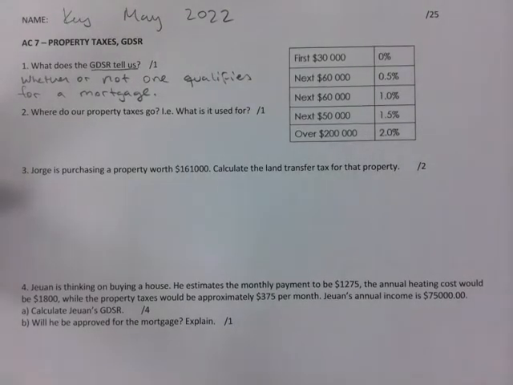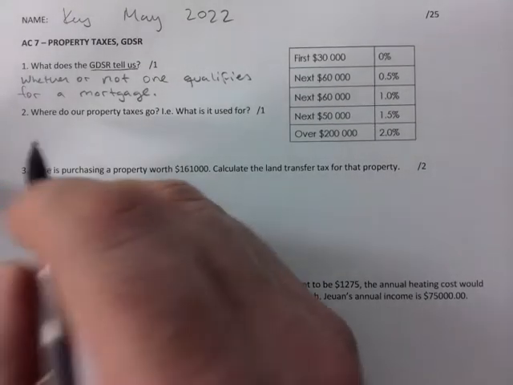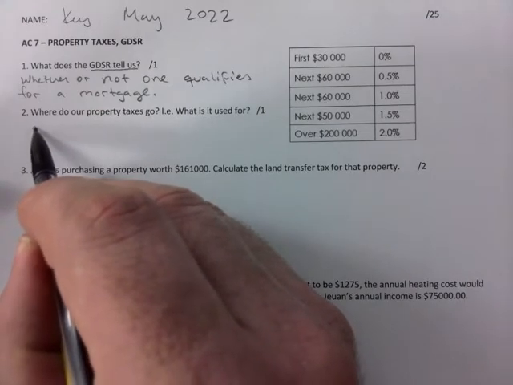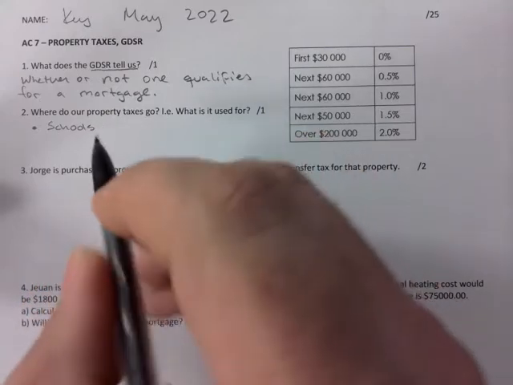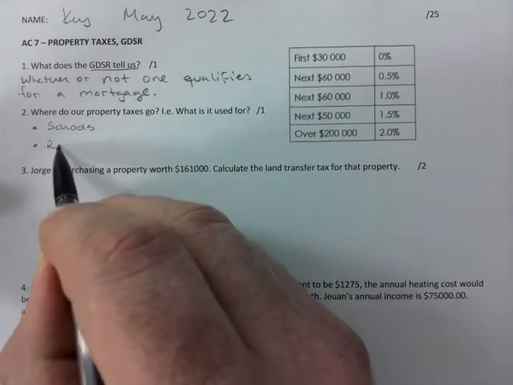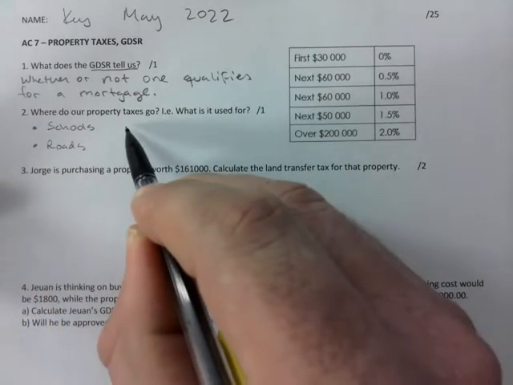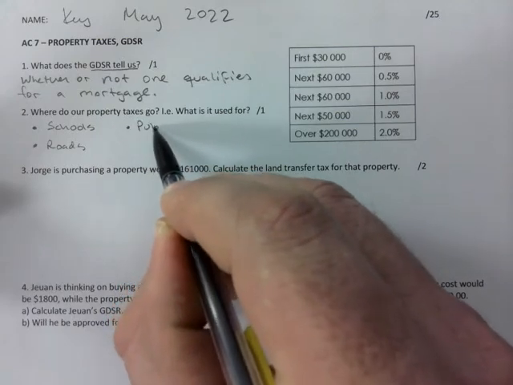Okay. Where do our property taxes go? What is it used for? So I need at least one or two things there, and you can put down schools, roads, public services, sure.